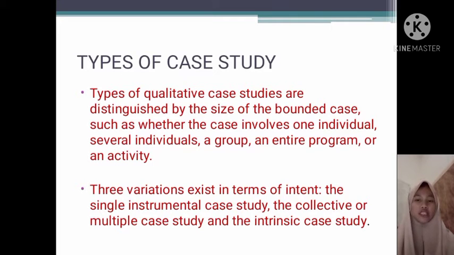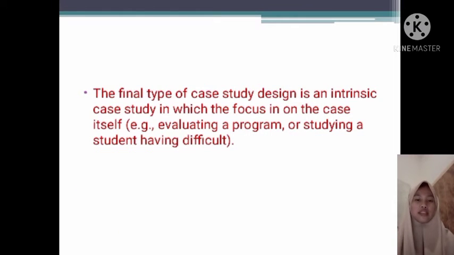Three variations exist in terms of intent: the single instrumental case study, the collective or multiple case study, and the intrinsic case study.